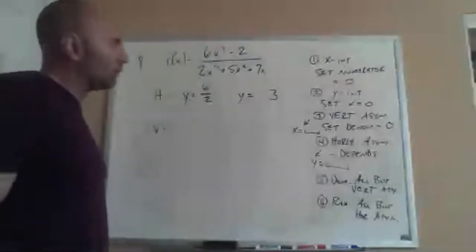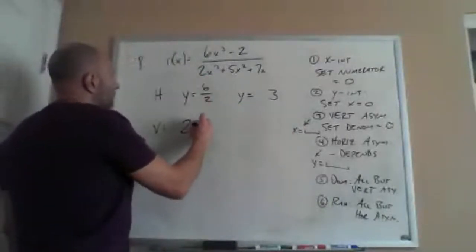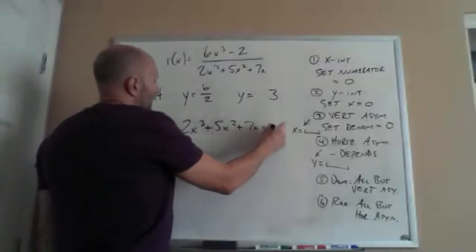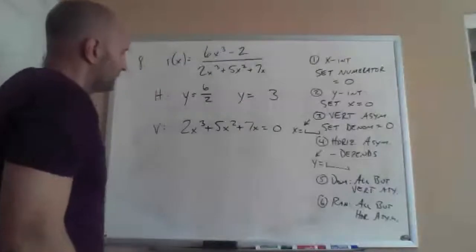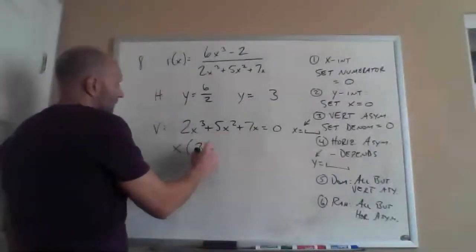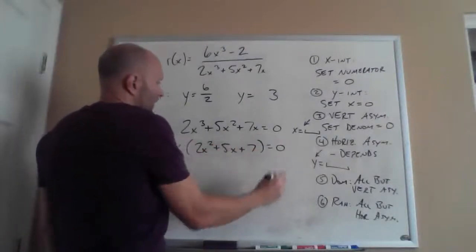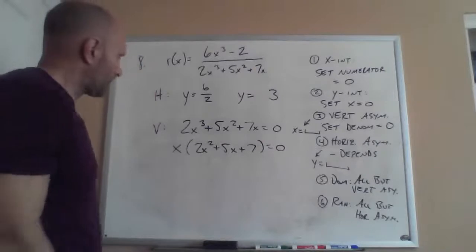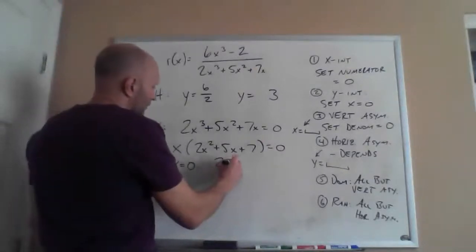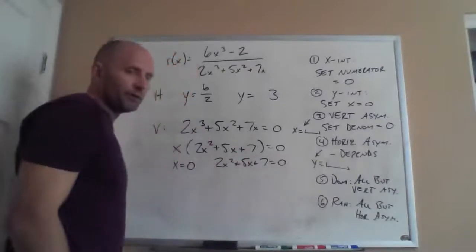So for the vertical, what do we do? Well, we set the denominator 2x to the third plus 5x squared plus 7x, set that equal to 0. So I can simplify this, pull out an x. I get x times 2x squared plus 5x plus 7. And now I can do the zero product property. So x is equal to 0, and 2x squared plus 5x plus 7 is equal to 0.